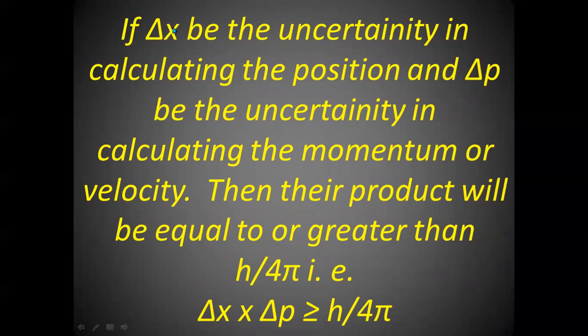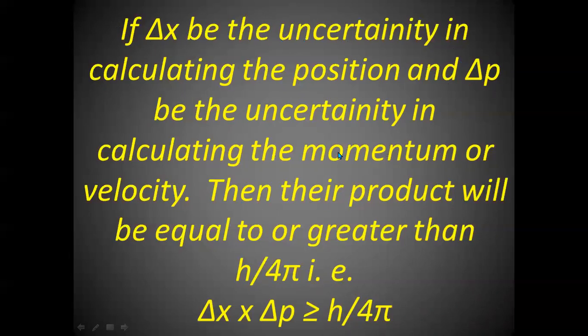Okay, x is the position and position will change, therefore delta x. Here, momentum p, and we cannot calculate it exactly, therefore there will be a certain uncertainty here, delta p. So delta x and delta p are the uncertainties in calculating the position and the momentum.